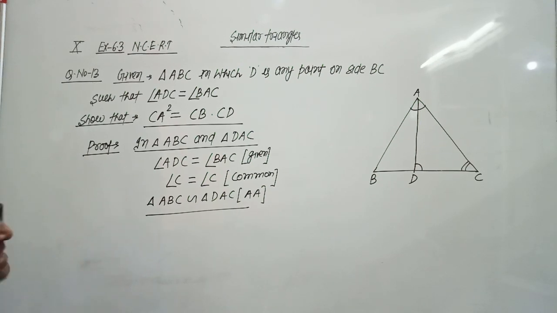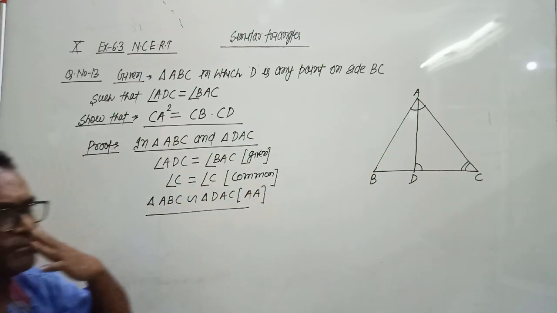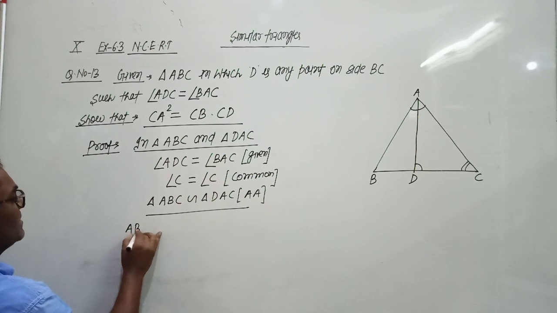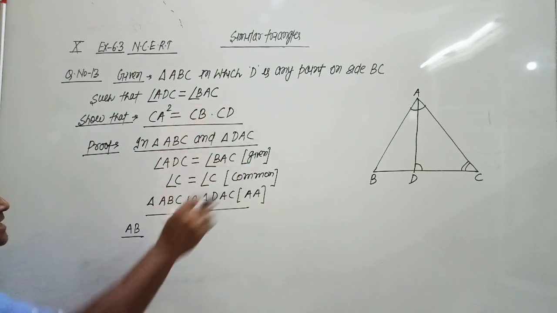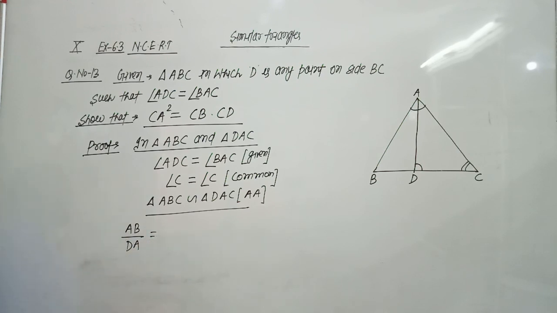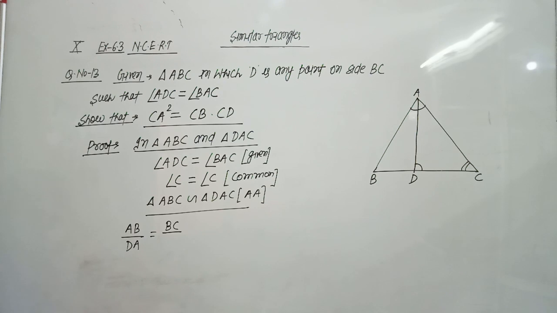So, in triangle ABC, side AB, and in triangle DAC, side DA. In triangle ABC, side BC, and in triangle DAC, side AC.